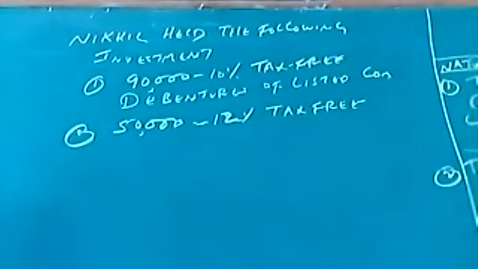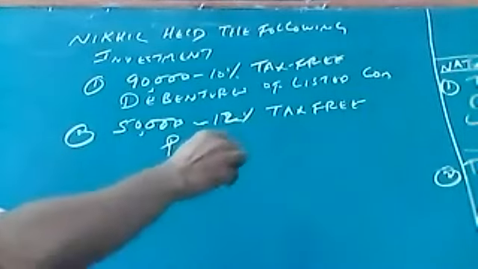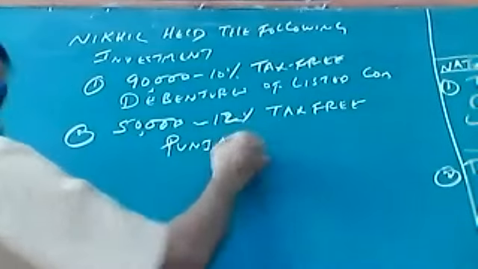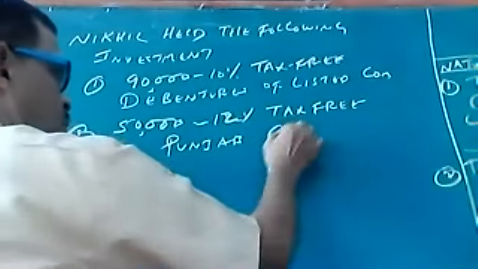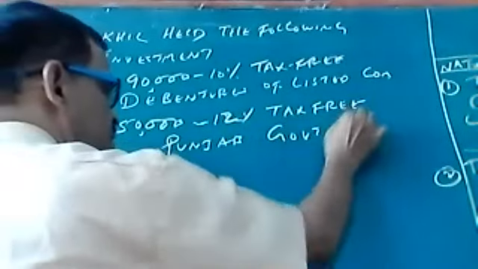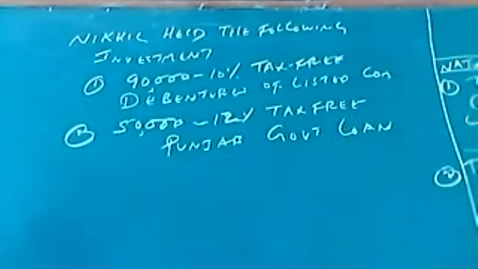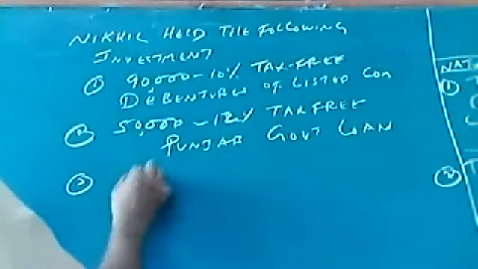If nothing is given in the problem, it is less tax. Punjab government loan is a government security. Third, he has given collection charges.